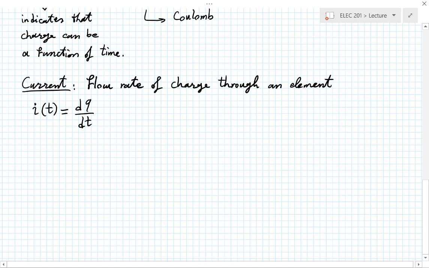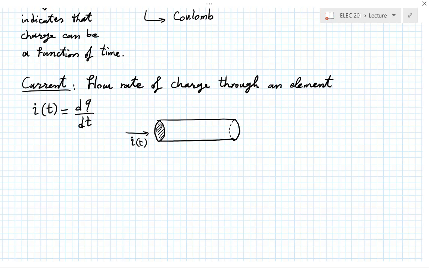So if I have a wire like this, and I have a current I going through the wire, it means that if you take a cross section of this wire, this current indicates the amount of charge that's going through this cross section per unit time. And it can change with time.